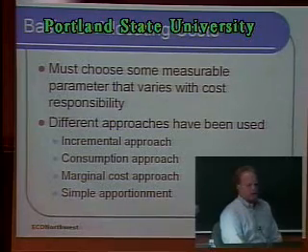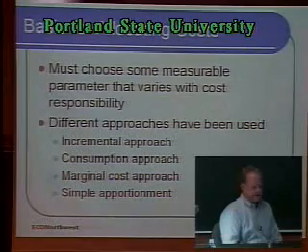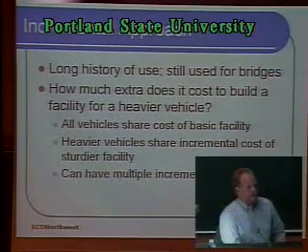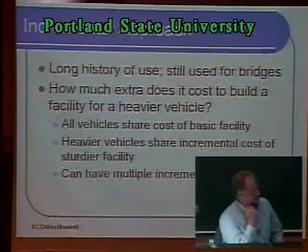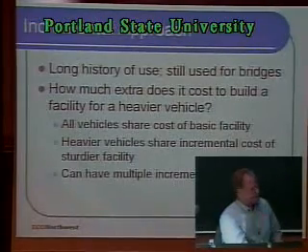There's the incremental approach, the consumption approach, the marginal cost approach, and simple apportionment. The incremental approach has been used for decades, really, since highway cost allocation was first done, and it's still used for bridges in Oregon.